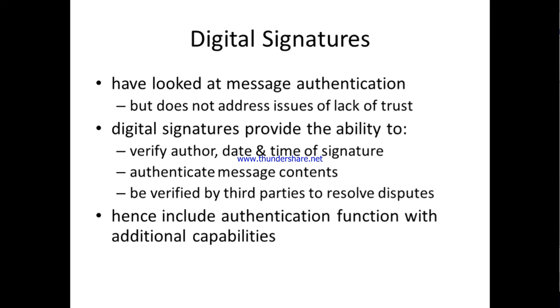With the private key of the sender, I encrypt the hashed message, that is the message with the hash code or the message with the MAC code, so that it is encrypted again with the private key of the sender to provide the authentication of the sender. So digital signatures do exactly that. A digital signature verifies the author, authenticates the message content, and if any disputes arise, they can be resolved.